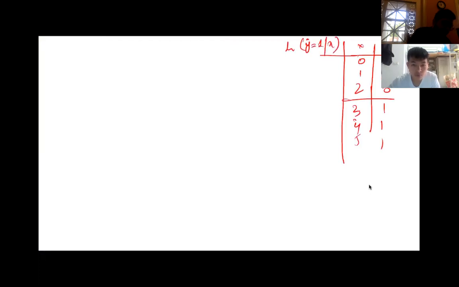Our data was 0, 1, 2, 3, 4, 5, and the output was 0, 0, 0, 1, 1, 1. I would say that my hypothesis function is the probability that y equals 1 given x.